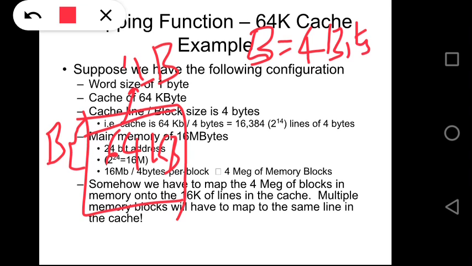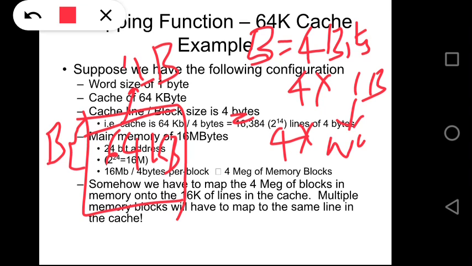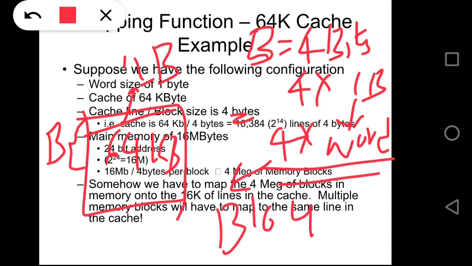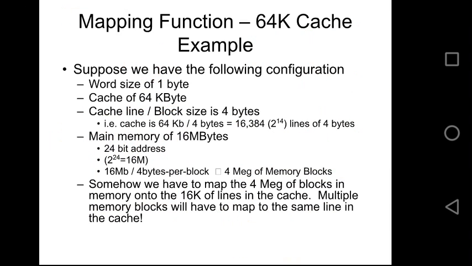What do you understand by 4 bytes? 4 bytes can be written as 4 into 1 byte, and 1 byte is the size of one memory word. So you are grouping 4 words and forming one block, or otherwise a block contains 4 words.